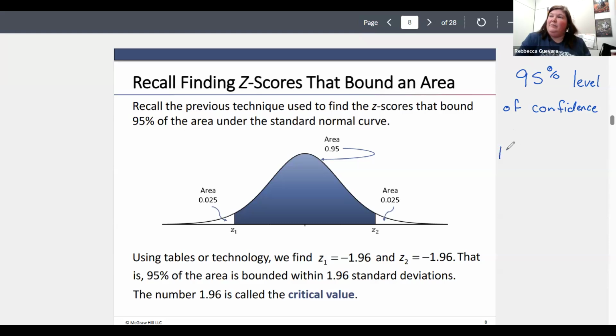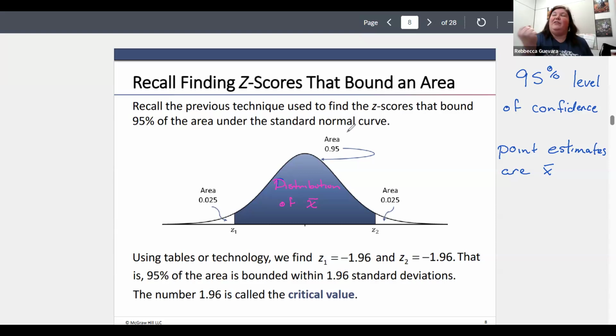And remember, point estimates, or x bars, means that this is a distribution of all my different x bars. So I'm looking at a distribution of all my possible means.